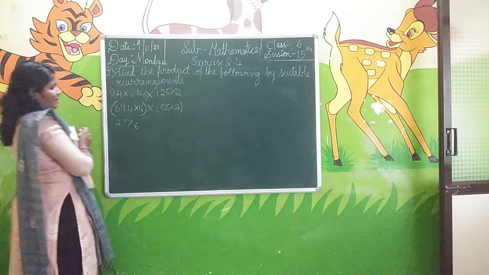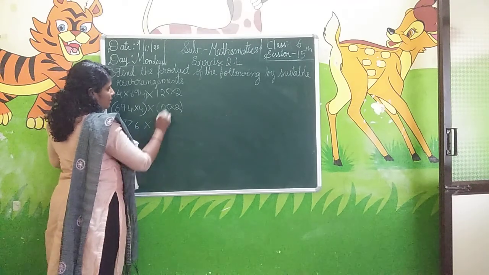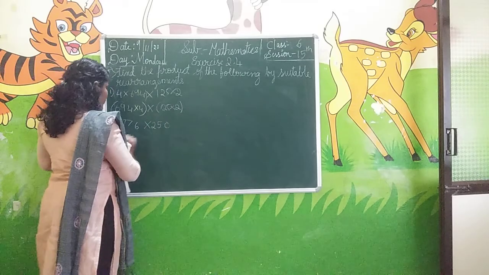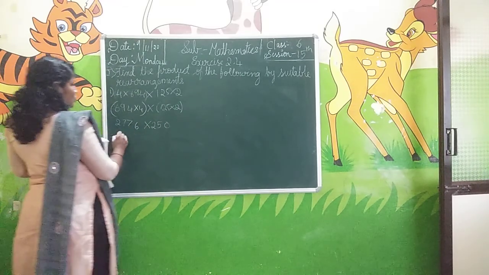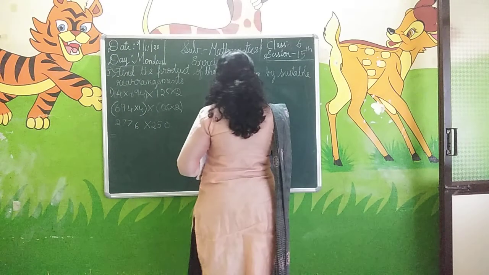So we get 2776. Then 2 5s are 10, 1 carry, 2 2s are 4, 4 plus 1 is 5, 2 1s are 2. Now we should multiply these two. You can do it in rough itself.